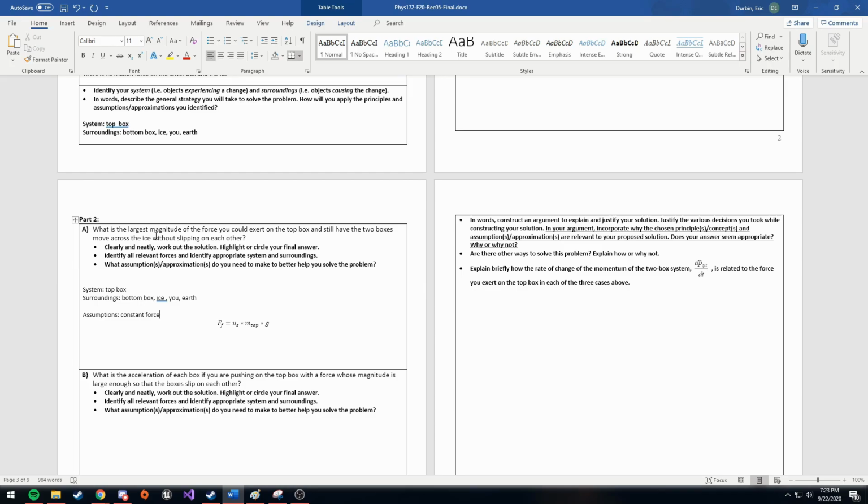So to find the maximum amount of force and have the boxes not move relative to each other, we would want to find what the static friction force would be. Okay, that makes sense. I think someone tell me if I'm wrong, because if you exceed static, it's going to start moving.